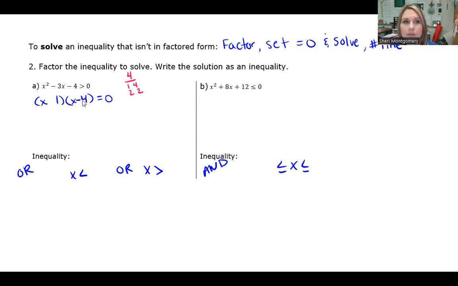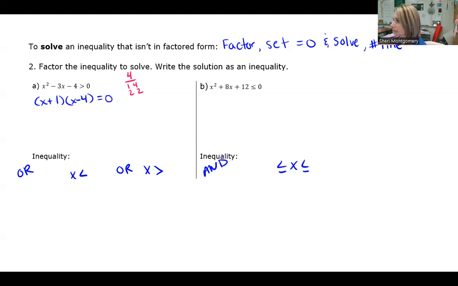If 4 is negative, would I add or subtract 1 to make it -3? I would have to add 1. Oops, I don't know why I put a 1 there. I made it 11. Okay, now we're at the same step that we were on for A and B.